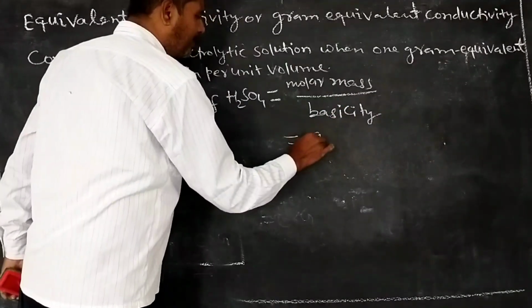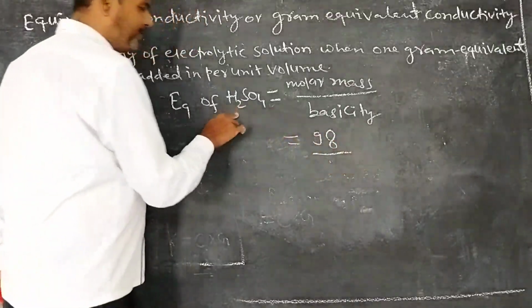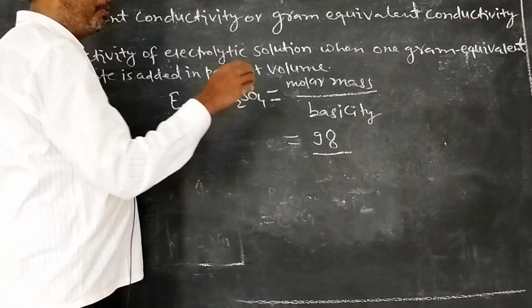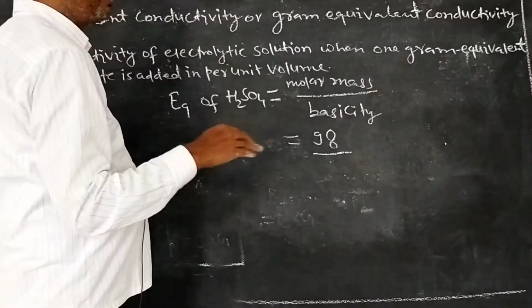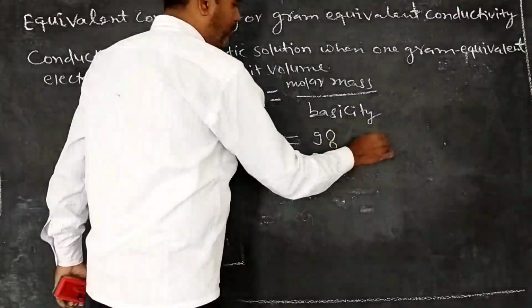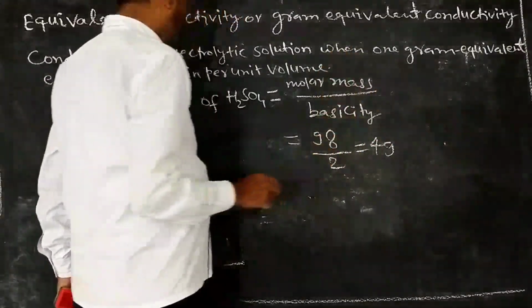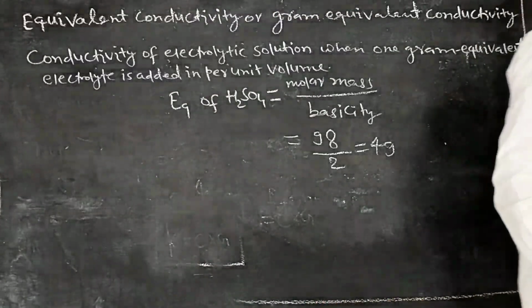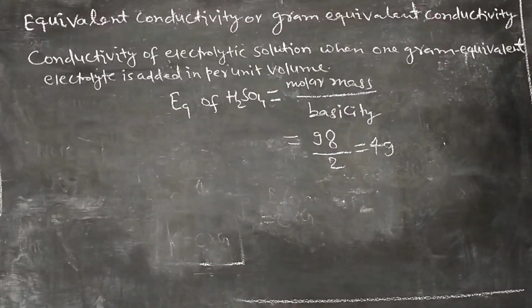Molar mass is 98 and basicity is 2, thus 49. So 1 gram equivalent sulfuric acid means 49 gram sulfuric acid.